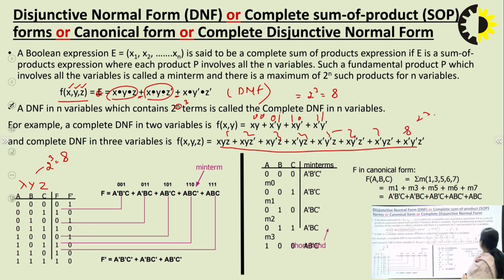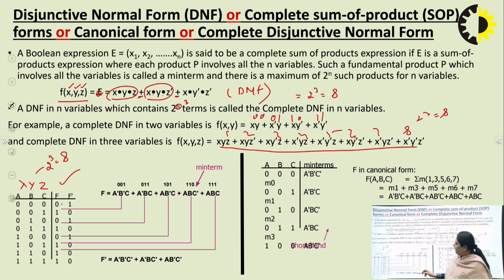That is 2 to the power 3, 8 terms, and its combination is like this. So what will the function be here? The function value will be 0, 1, 0, 1, 0, 1, 1, 1. It could be any function we have applied here. So what would f dash be? F dash will be its complement, so it would be 0 to 1, 1 to 0, 0 to 1, 1 to 0, 0 to 1, like this.